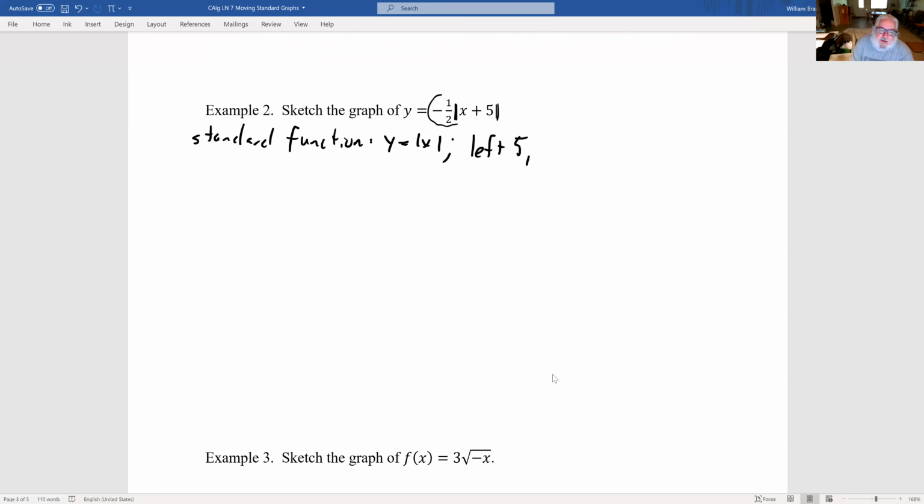And then multiplying by -1/2 outside of the absolute value signs means the minus sign will flip it over the x-axis, a vertical flip, and then shrink it towards the x-axis by 1/2.